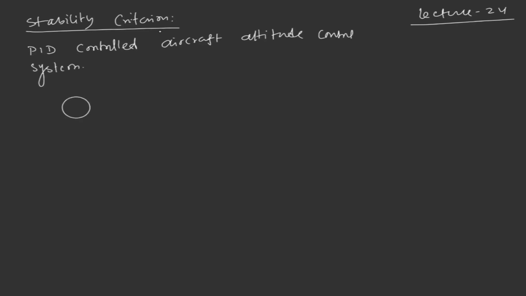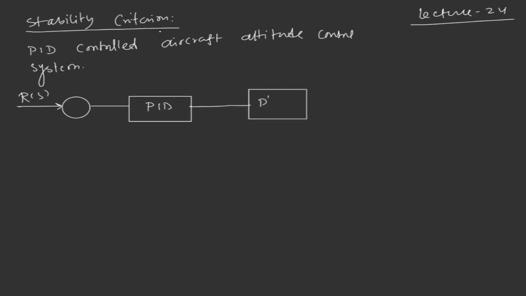suppose we have a step command R of S, and in the control block, let's say we are having a PID controller, and we have the plant here, this is the aircraft attitude motion dynamics, and we are having the output.